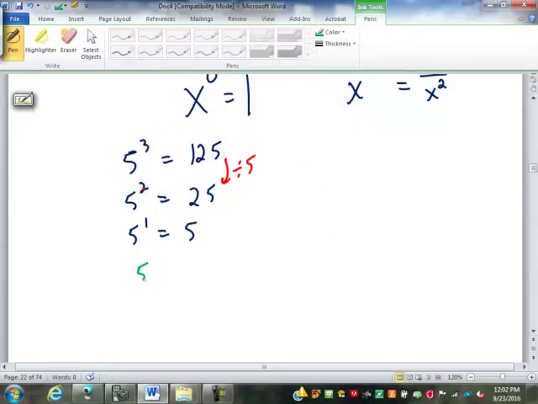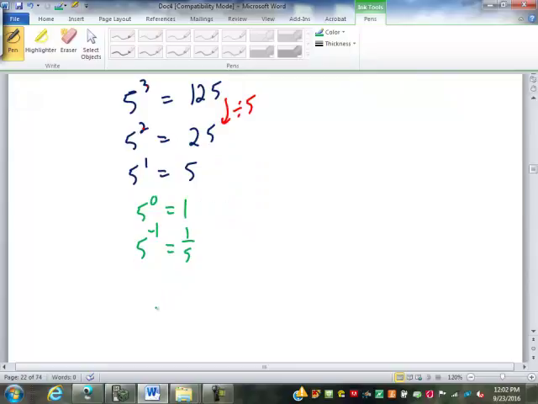So if I keep going, 5 to the 0, dividing by 5, that has to be 1. 5 to the negative 1, well, 1 divided by 5 has to be 1/5. 5 to the negative 2, dividing by 5, 1/5 divided by 5 has to be 1/25. And 5 to the negative 3 has to be 1 over 125.